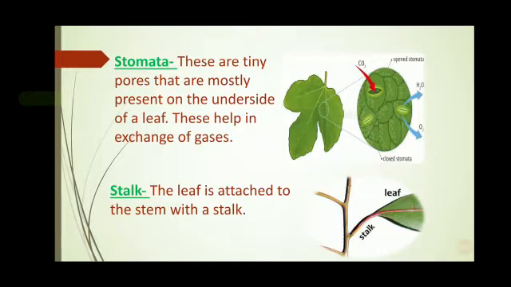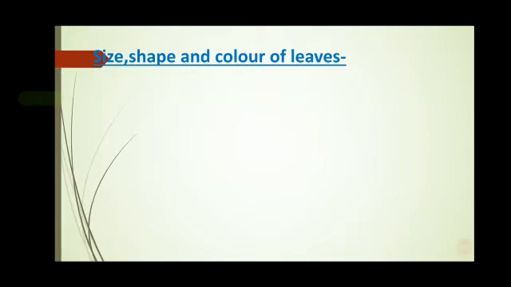So these are the 5 basic parts of a leaf. So now students, let's move on to the next things of a leaf. To learn and understand more about leaves, we should know size, shape and color of leaves.